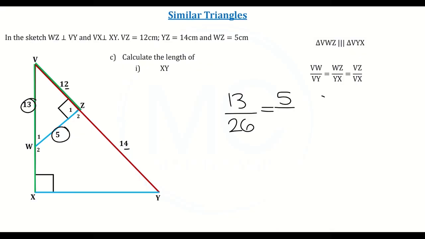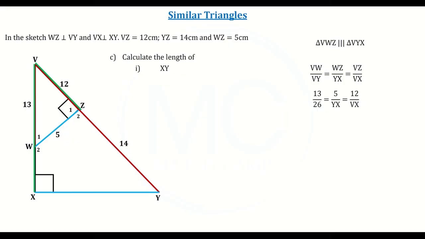We don't have a value for YX, so let's leave it as YX, is equal to VZ, 12 centimeters, over VX. We also don't have a length for VX, so we can simply say VX.